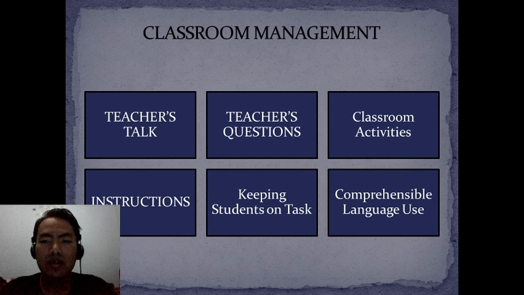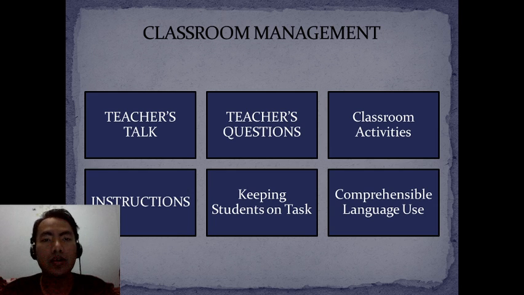And then the types of activities that can be done and best suited for the students. There are whole class activities, small group activities, work in pairs, or individual activities, such as what I'm doing right now, individual presentation. And then the fourth element in classroom management is instructions.